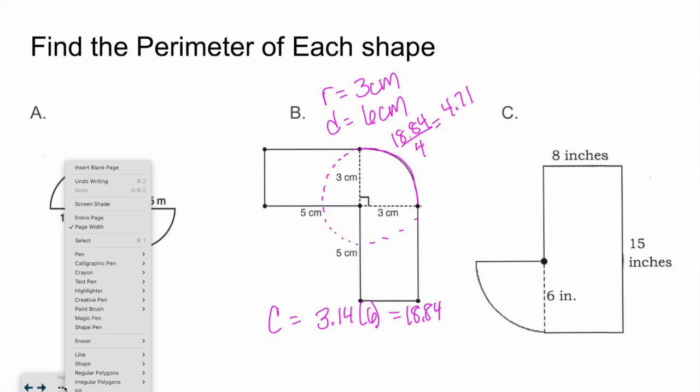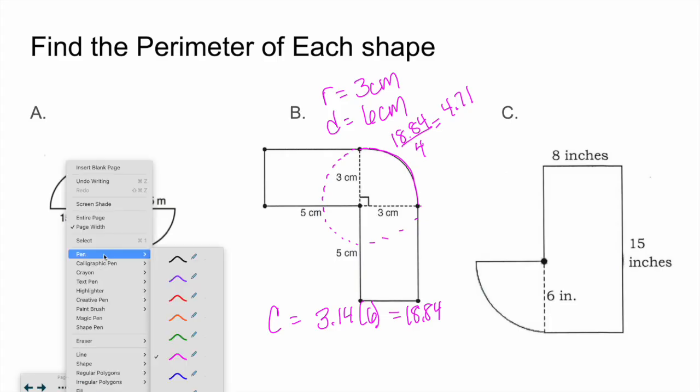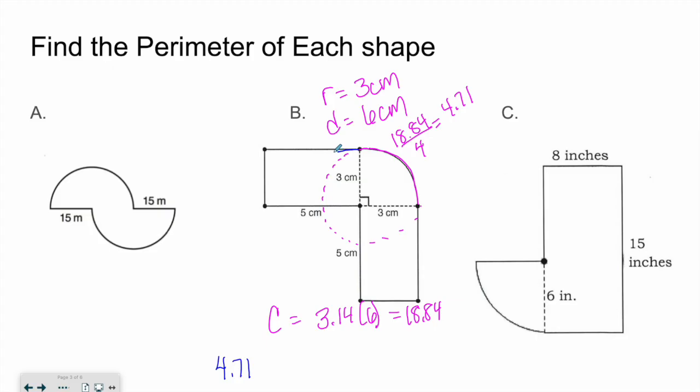But I also have all of these straight sides as well. I have this side, which is 5, this side, which is 3, this side, which is 5. I'm not going to add the dotted 3 there because it's not part of my perimeter.